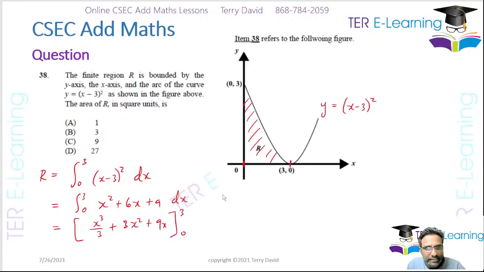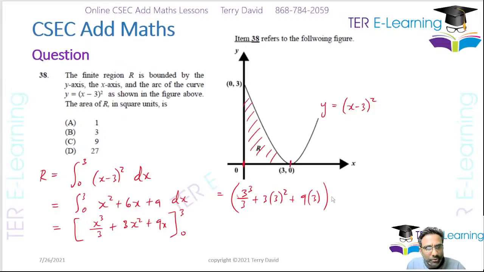So what I need to do is substitute 3 and substitute 0 into this equation. Let's work this on the side here. This is going to be 3 cubed divided by 3, plus 3 multiplied by 3 squared, plus 9 multiplied by 3.